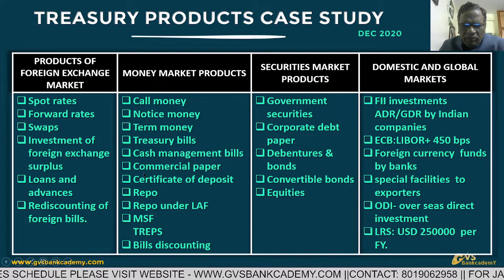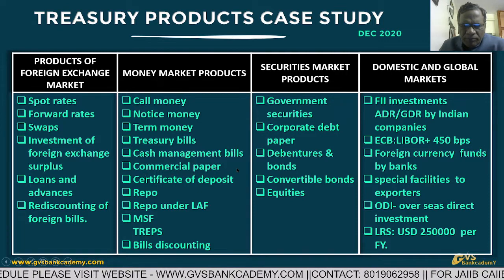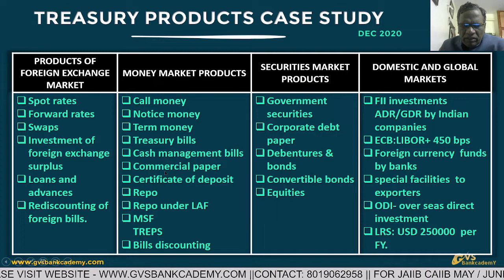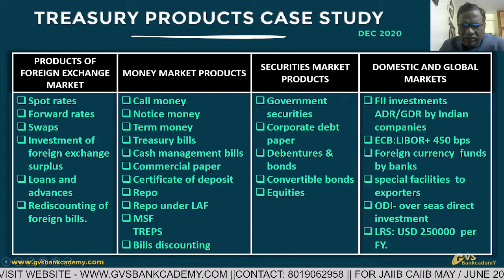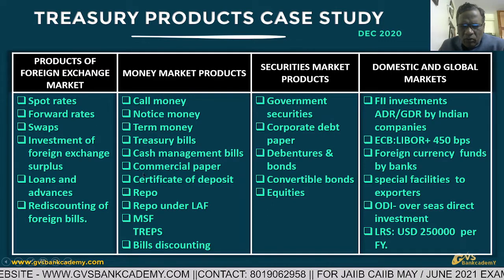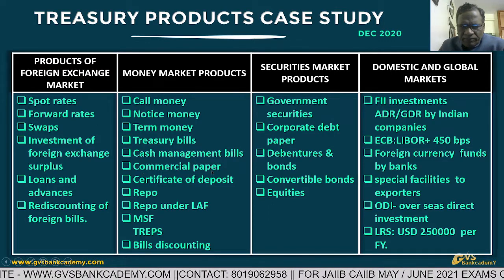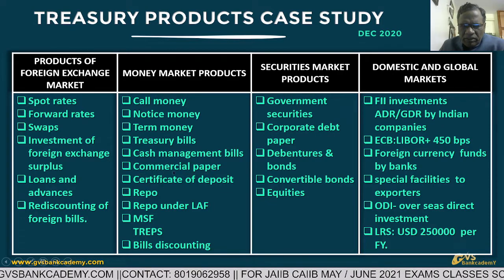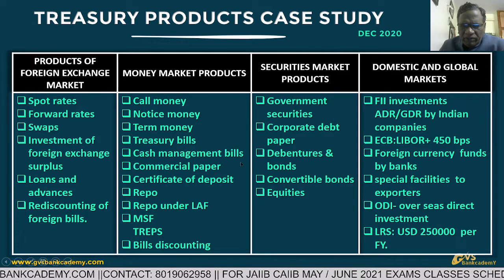Minimum issuance period is 7 days, maximum 1 year. For issue of commercial paper, external credit rating required is A3. Buyback only after 30 days. Further, we had uploaded one separate YouTube PPT on commercial paper. Please see it if anybody wants.